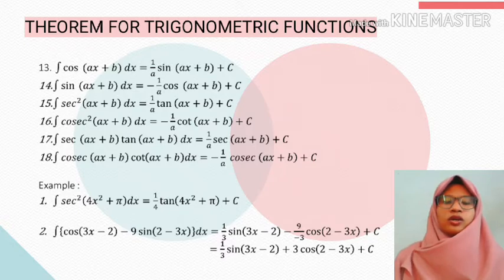Integral of cos (3x minus 2) minus 9 sin (2 minus 3x) dx is a third sin (3x minus 2) minus 9 over negative 3 cos (2 minus 3x) plus c. It's equal to a third sin (3x minus 2) plus 3 cos (2 minus 3x) plus c.